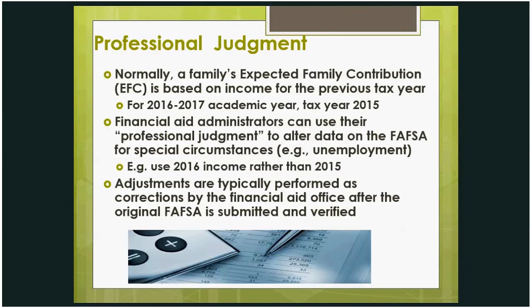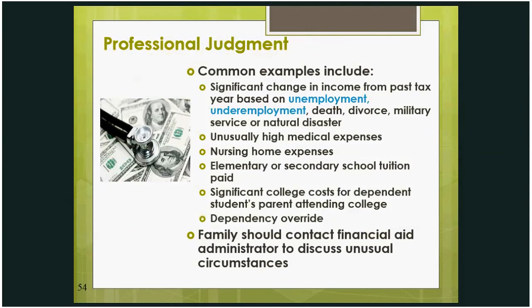And so they can approach the financial aid office and adjust it to a more current year's income, which could lower the EFC. They'll probably want letters of layoff, want to know what they're getting in unemployment and things like that. But that's always something you can think about if there's a big change from year to year.